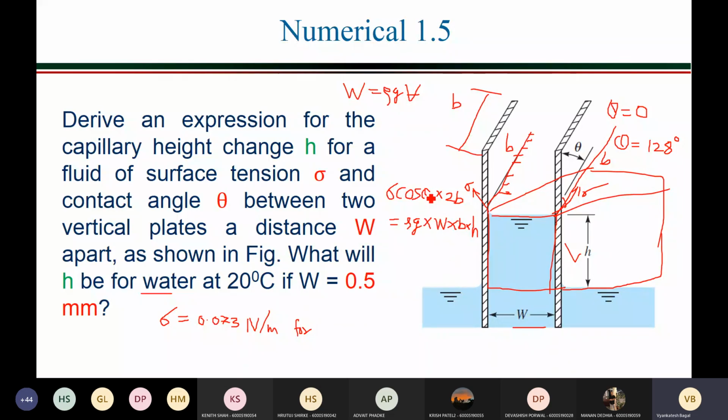And when you solve this, if you assume theta equal to 0 for the water-air interface, then at the end you will get the expression for H as 2 sigma divided by rho g into W, the gap between the plates. Is it clear?